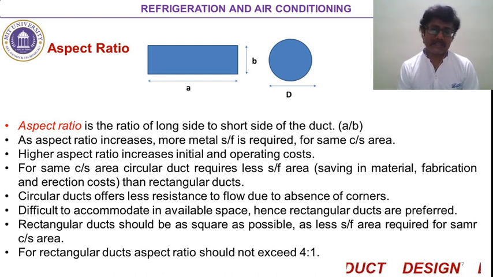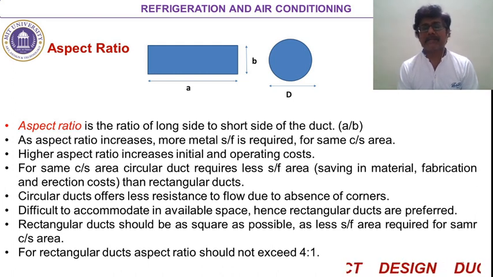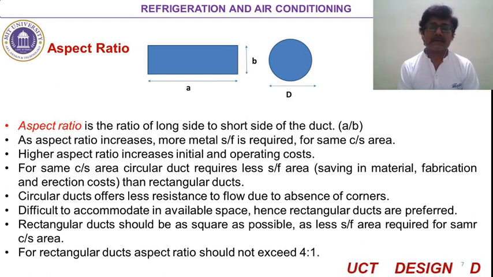Hence we can have the advantage of saving in material, saving in the cost of fabrication, and saving in the cost of erection and installation as compared to rectangular ducts. Additionally, circular ducts offer lesser resistance to flow due to the absence of corners, isn't it? That is one of the important benefits gained by using ducts of circular cross section instead of rectangular.